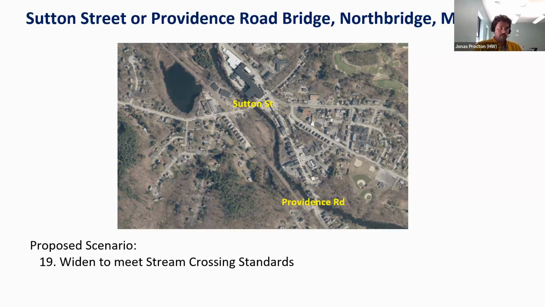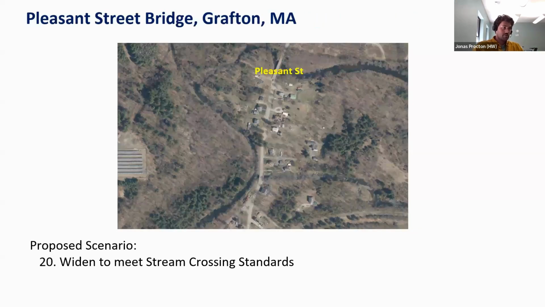So we're trying to understand how these could be reconfigured, widened at least to meet those stream crossing standards I mentioned before, so basically that means just outside of the main floodway of the river, but also potentially elevated outside of the flood elevation too. And the last bridge we're also looking at is Pleasant Street in Grafton.